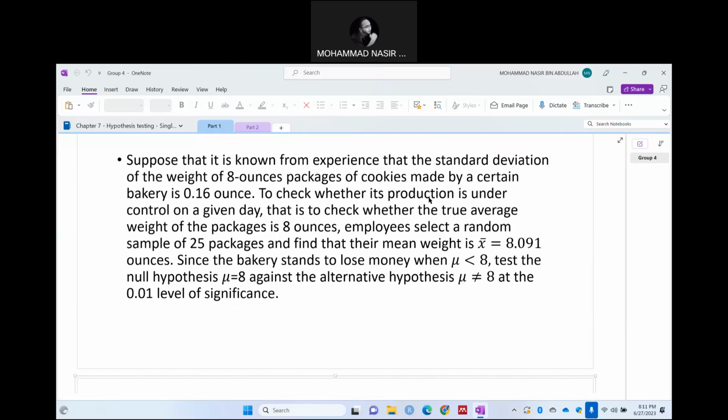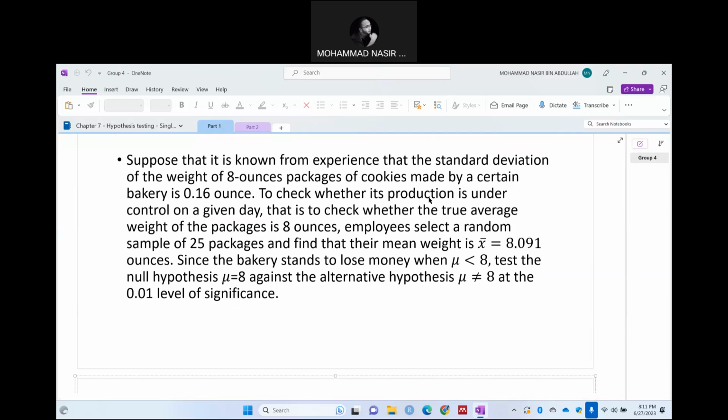When population variance is unknown, we look into two conditions: n less than 30 and n more than or equal to 30. When n is more than 30, we use Z distribution with unknown variance. When n is less than 30, we use T distribution.